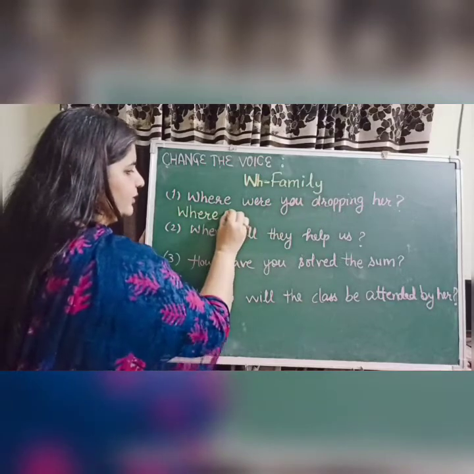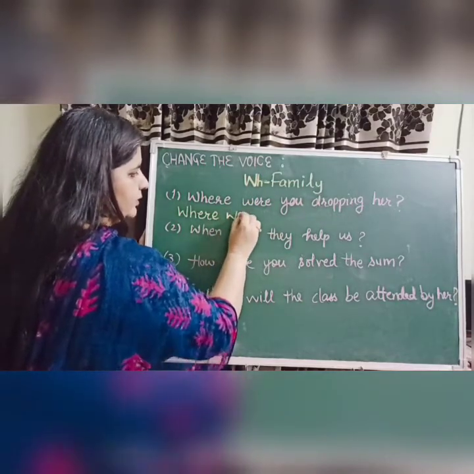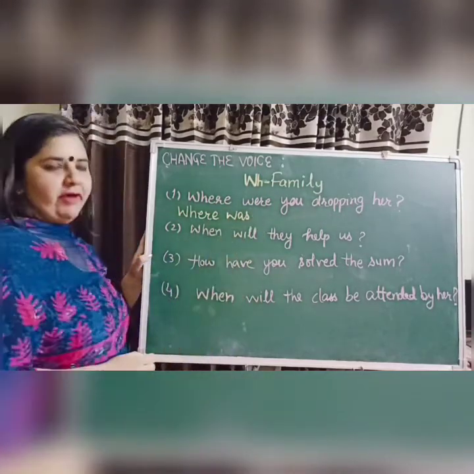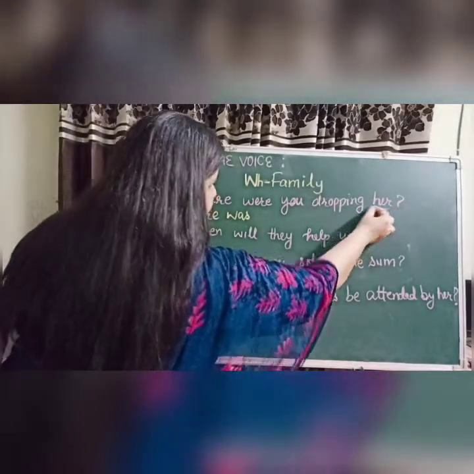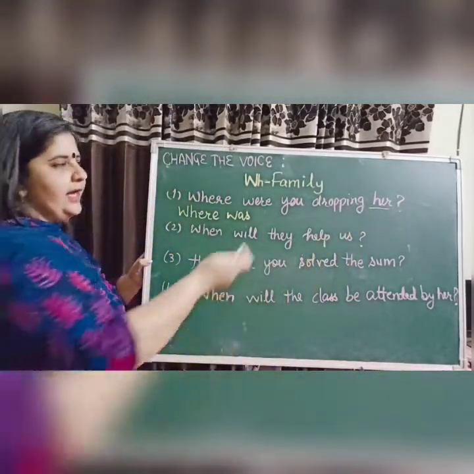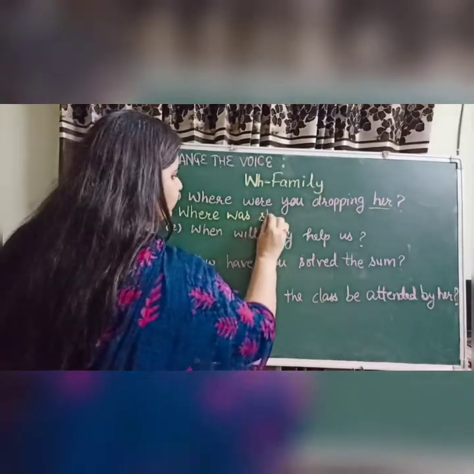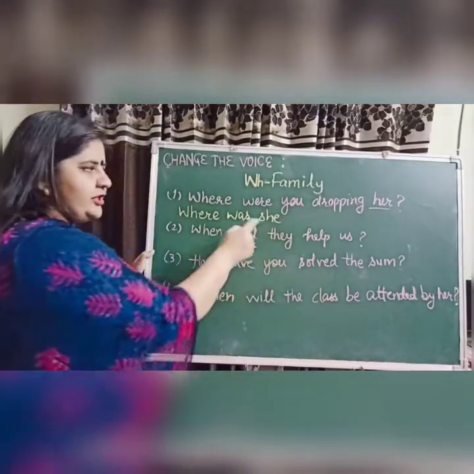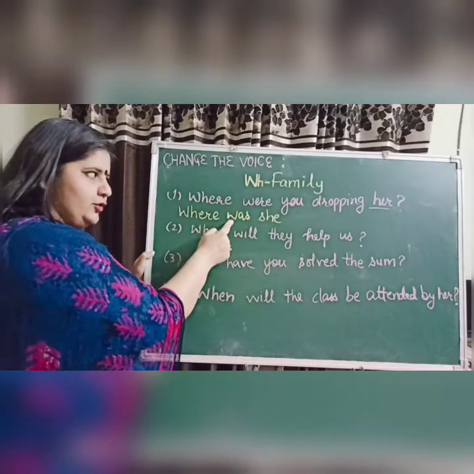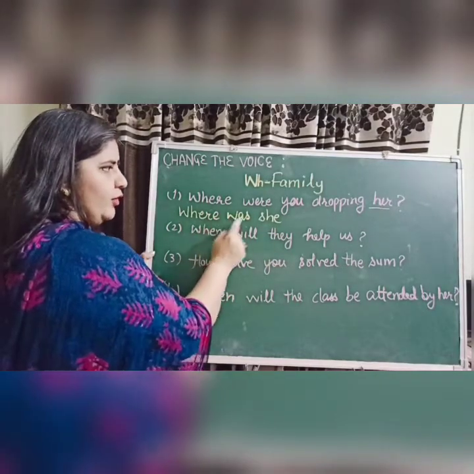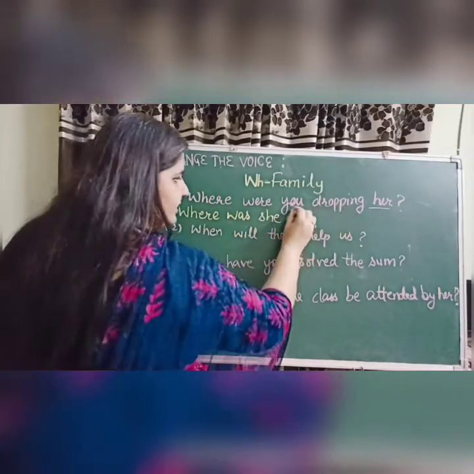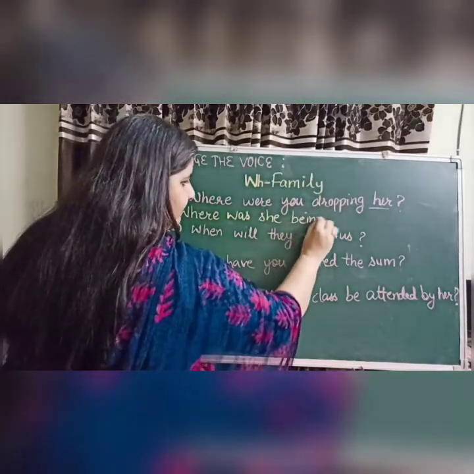So with where, was. Why was? Because her is object and her will be activated as she. So according to she, was will be used. Where was she? To remove ing, being.